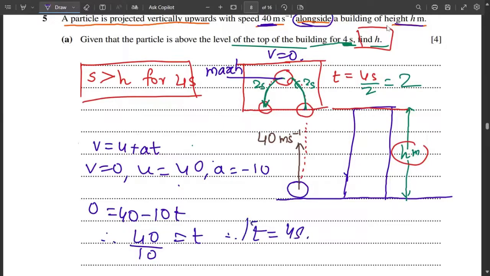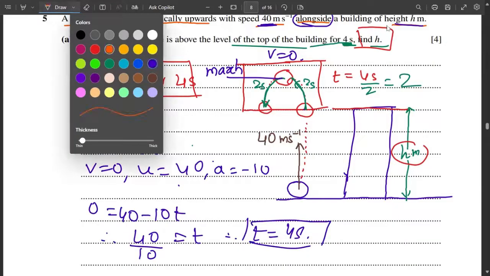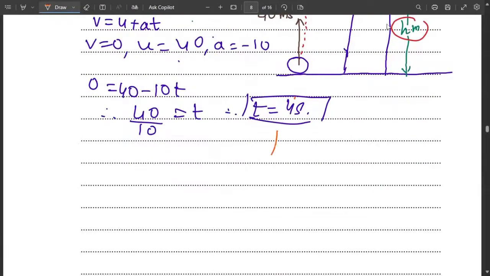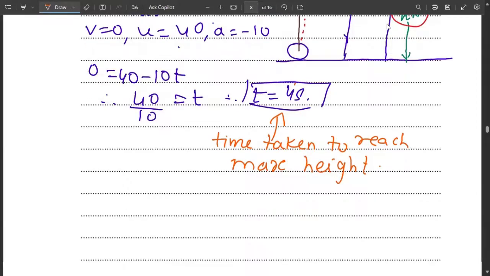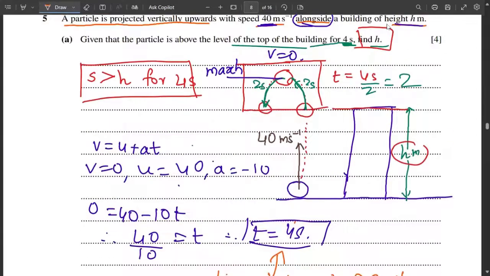Now, what is this 4 seconds? The 4 seconds, this time is, let me write it down in English words. Time in 4 seconds denotes time taken to reach max height. Now, let me draw something on the diagram here. So now, the time taken for it to reach max height will be 4 seconds.